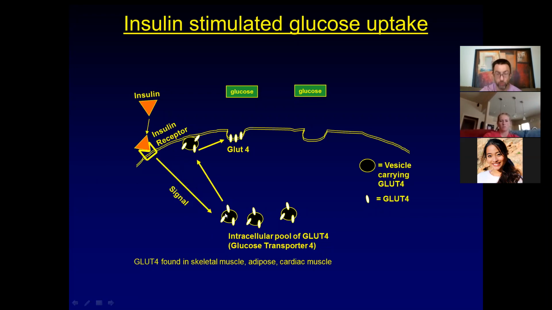Inside of your muscle cells, you have these little storage molecules called vesicles. And inside these vesicles is a receptor called GLUT4. GLUT4 wants to grab glucose and bring it into muscle cells. It brings it into any tissue. Any tissue that expresses GLUT4 in its surface membrane will grab glucose out of the capillaries running by that tissue.